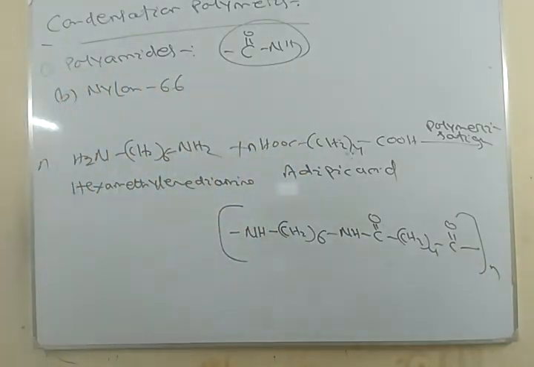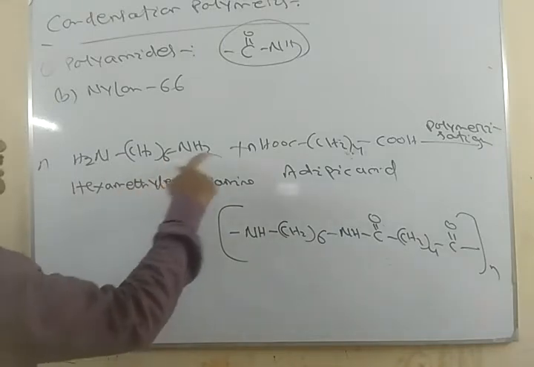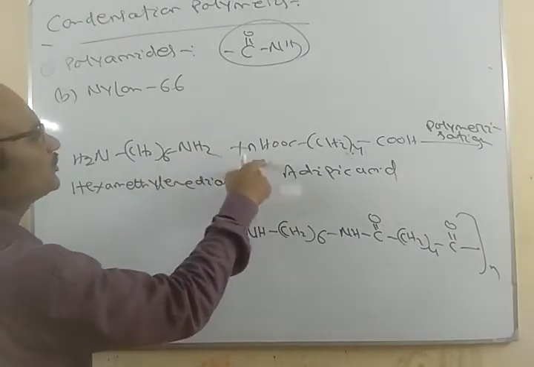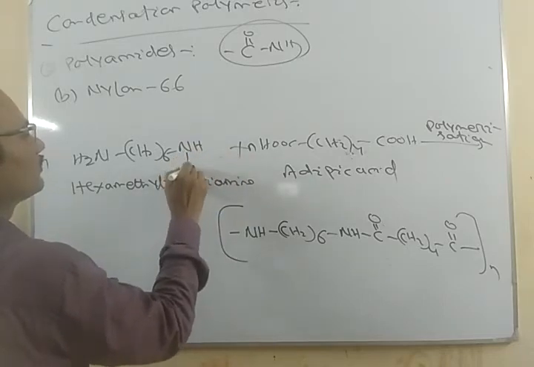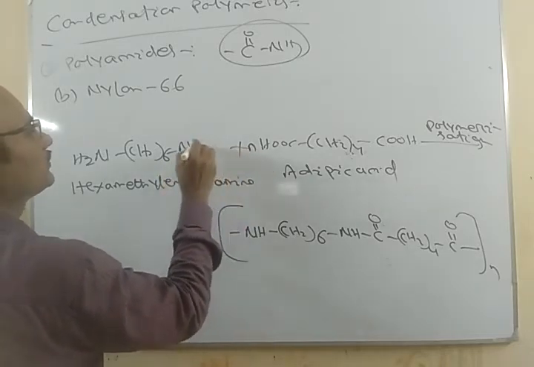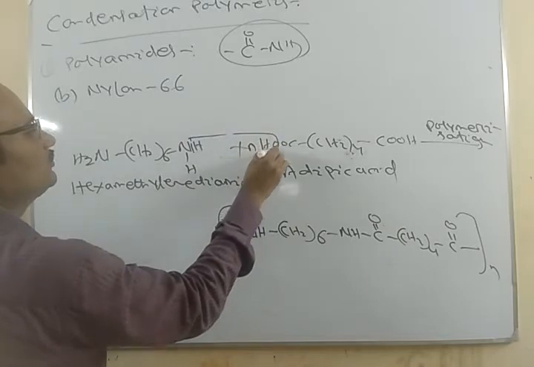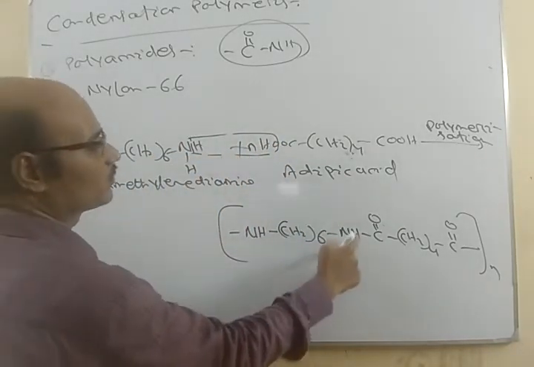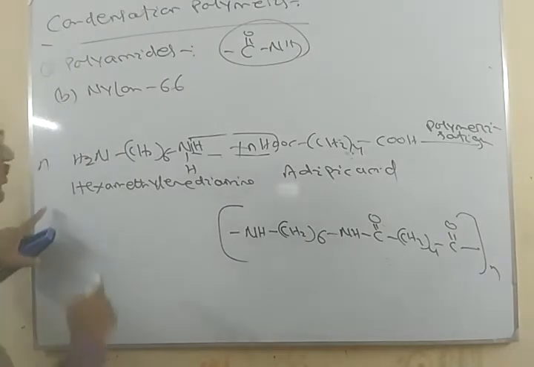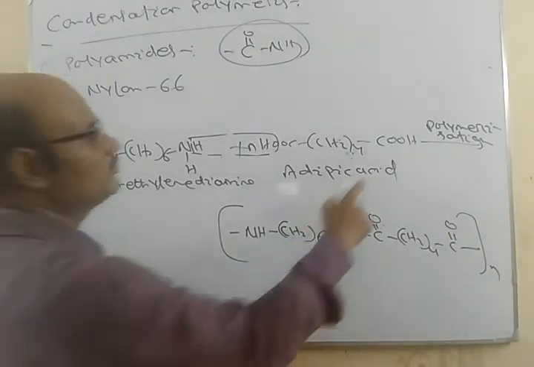Okay, so from this side H and OH, I can take H2O. So NH C=O. Again from this side also one H will go, NH. From this OH will go.